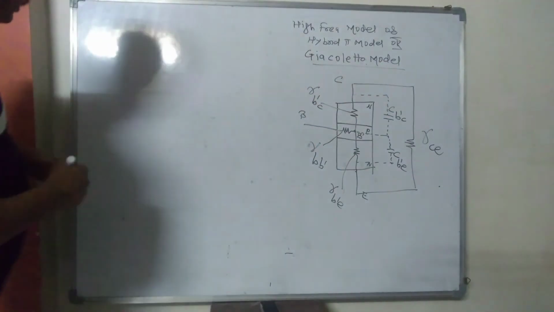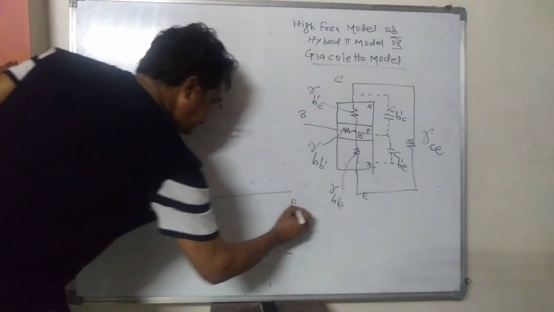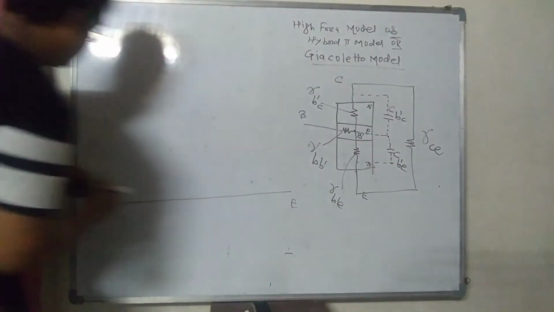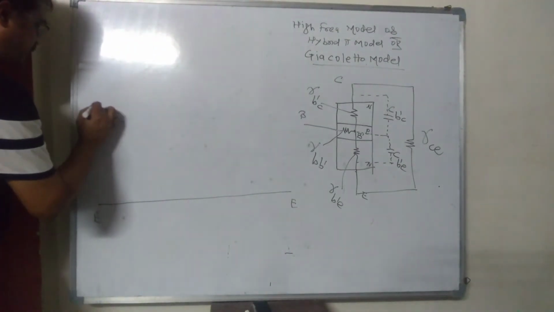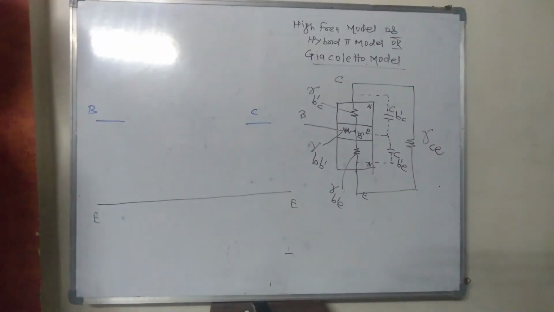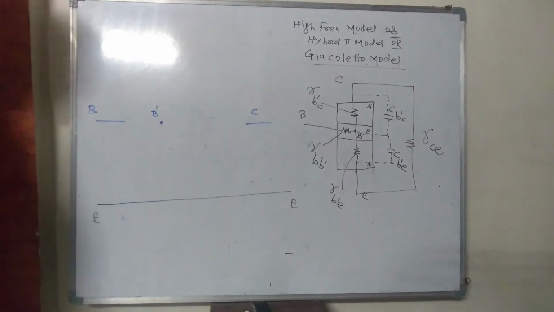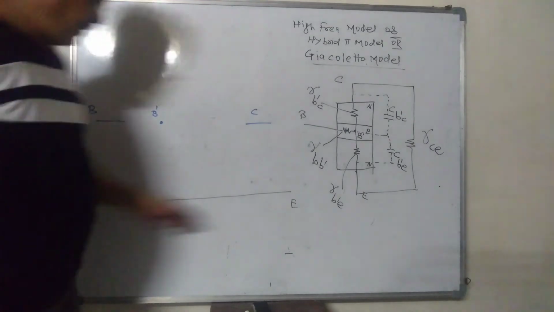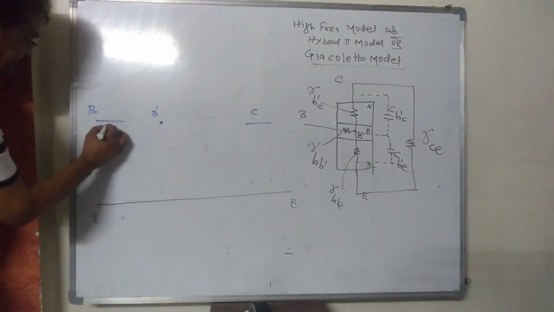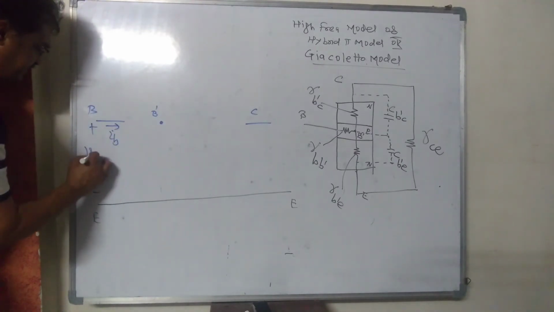Now see the model carefully. Common emitter. This is the emitter. Base is input, collector is output. One imaginary point, B dash. This current is the base current, this voltage is VB.